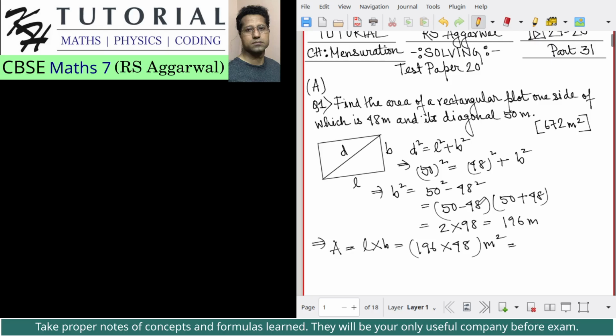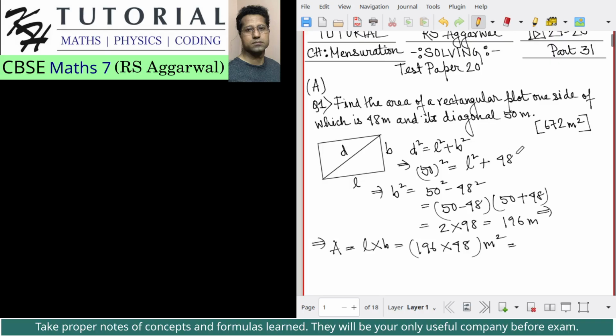We have B square is 196 meter square. Quite obviously we can see that the length of the other side will be larger than 48 meter. So actually, we have length square, and 48 meter will be the breadth.